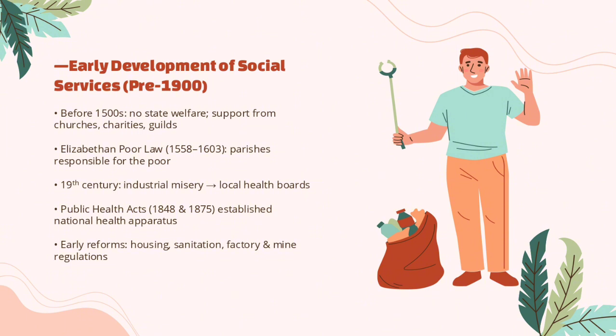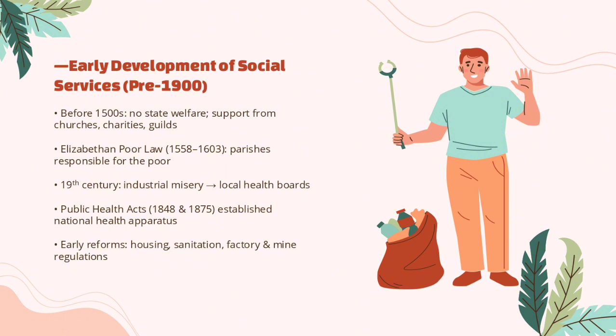In the 19th century, industrialization made living conditions miserable, with overcrowded housing, disease, pollution, and everything chaotic. This forced several cities to establish local health boards. The Public Health Act of 1848 was the very beginning of the public health system, but it wasn't until 1875 that England truly had an effective national structure.